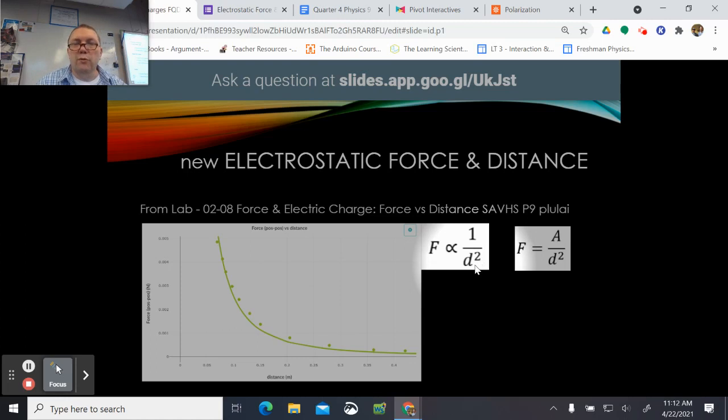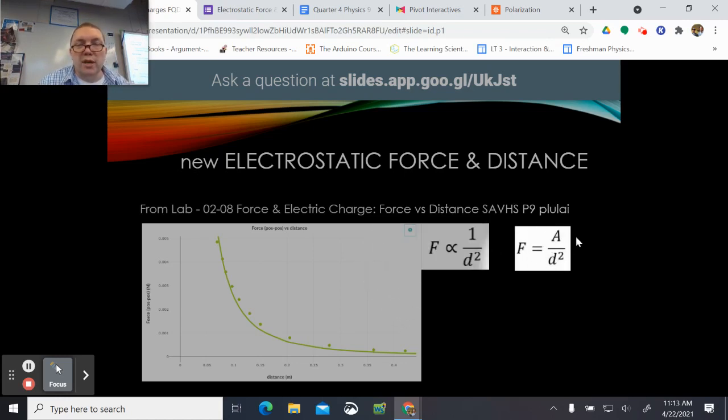And 1 over 4 is 0.25. So when we doubled the distance, this force went from 1 all the way down to 0.25. So the force got much smaller. It didn't just go down by half from 1 to 0.5. It went down to 1/4 of its initial value, 0.25.